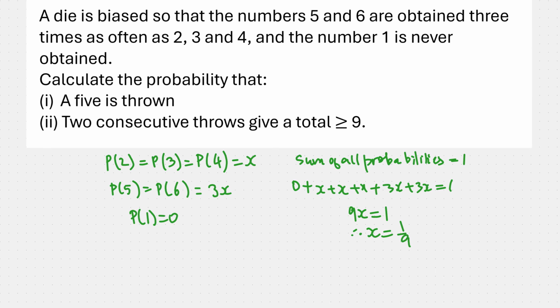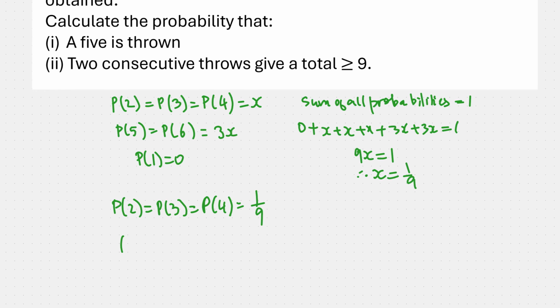So if x is 1/9, then the probability of a 2 is equal to 1/9, and the probability of a 5, or a 6, is 3/9, which we can write as 1/3.